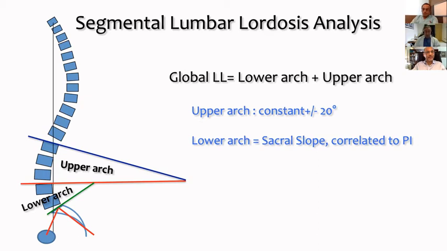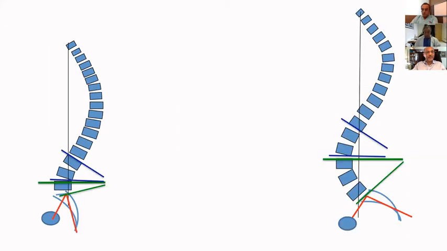So what is very important and elegant is to match the lower arch of the lumbar area with the pelvic incidence. The higher your pelvic incidence, the bigger your lower arch, which could be L4-S1 or sometimes L3-S1.